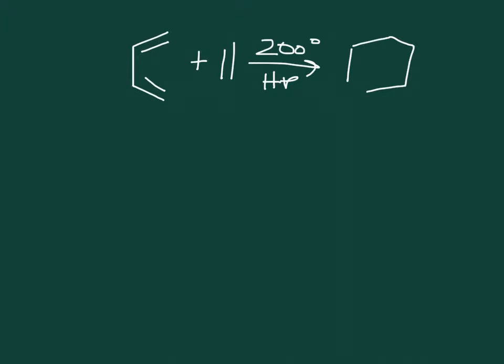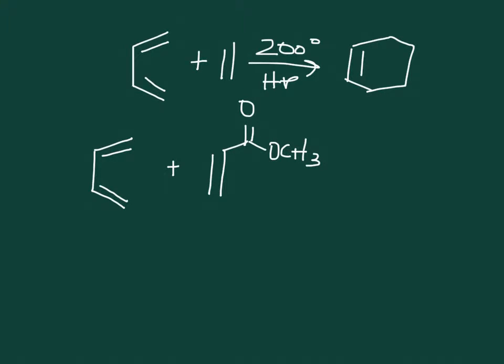So here is our unmodified, just as a reminder, high pressure. Okay. Now, if we put an electron withdrawing group on the dienophile, this reaction will proceed at a lower temperature.